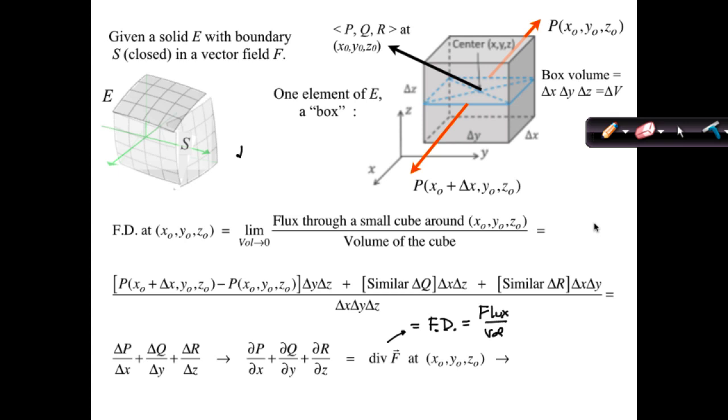So if I just rearrange that, multiply both sides by volume, the flux out of one box is the divergence, the flux density, times the volume of the box. The flux out of one box is the divergence, which we know is flux density. That was flux per volume, so times volume is going to give you flux.